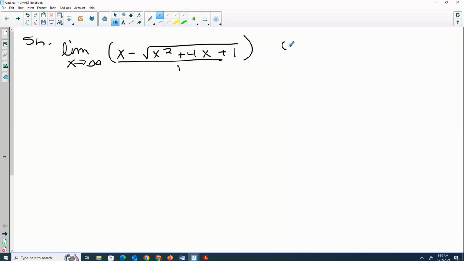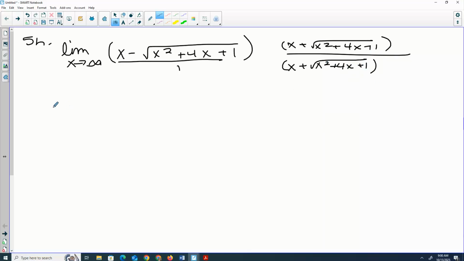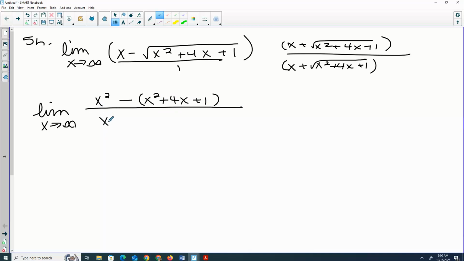This is over 1, so I'm going to multiply by x plus the radical on top and bottom. So if we multiply, x times x is x squared, plus x times my radical, minus x times my radical cancel, minus the x squared is 4x plus 1 over my denominator.